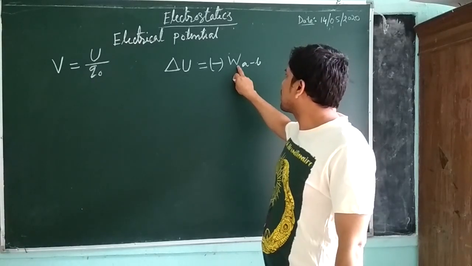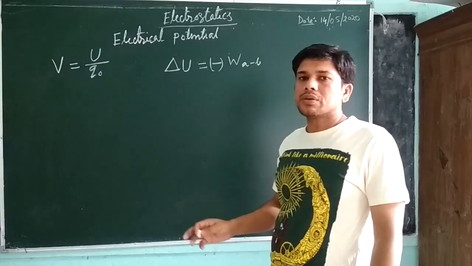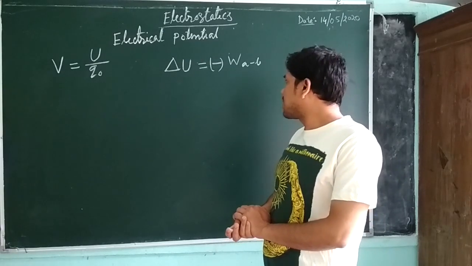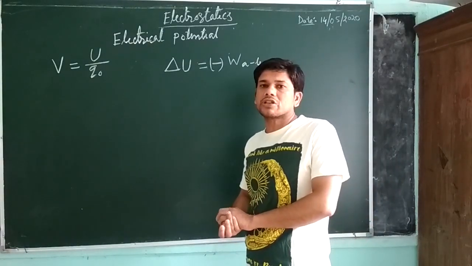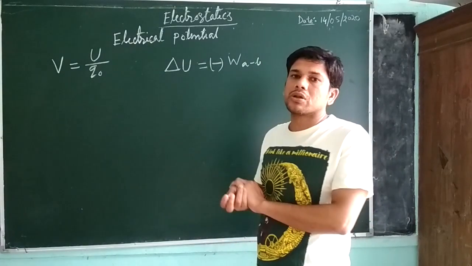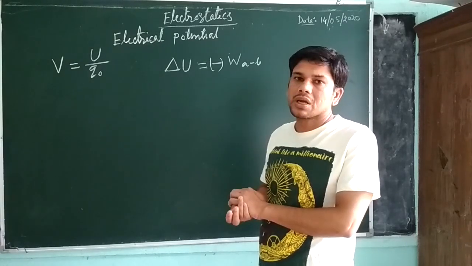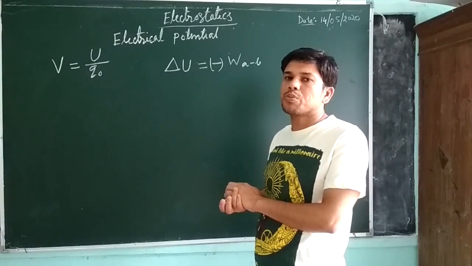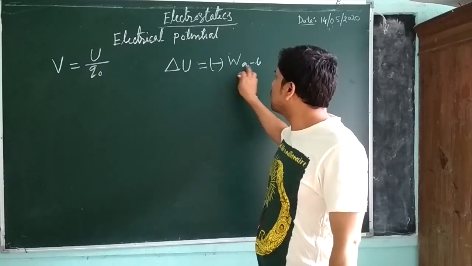Here W AB means the work done for displacing a Q naught test charge from A point to B point.